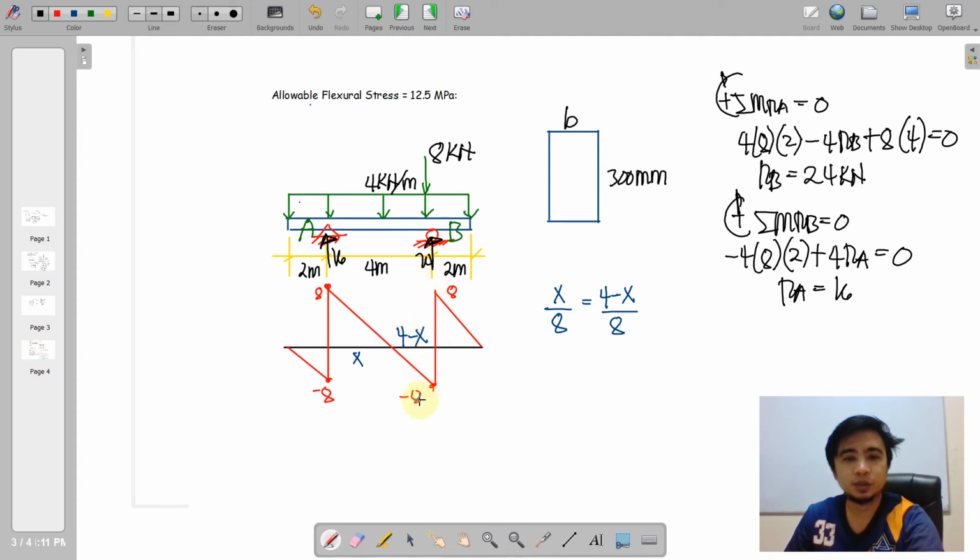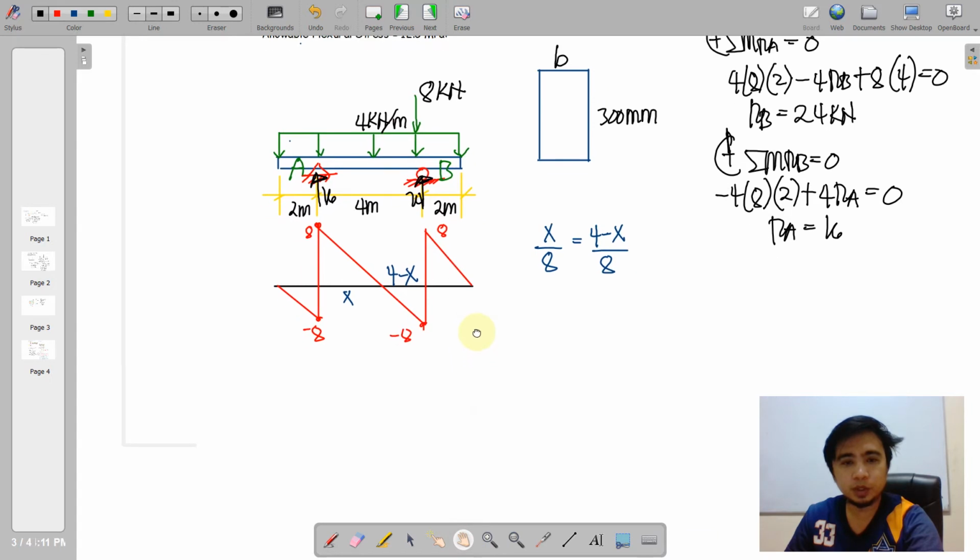So negative 8 will push back to a positive 8 here, because this will be pushed by 16 units. So we have 8, and then eventually 4 by 2 will close it to 0.